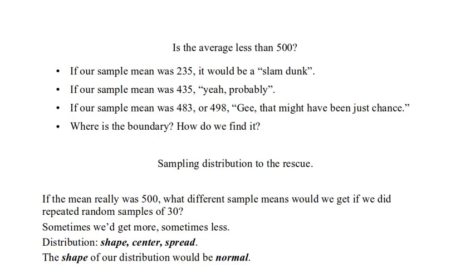Now let's convince ourselves that simply having an average less than 500 doesn't really tell us what you'd think it tells us. In other words, we need to know how many standard deviations away it is, what the probability of that being true is. So for example, notice that we're in a kind of gray area here. If our sample mean was 235 days, it would be a slam dunk.